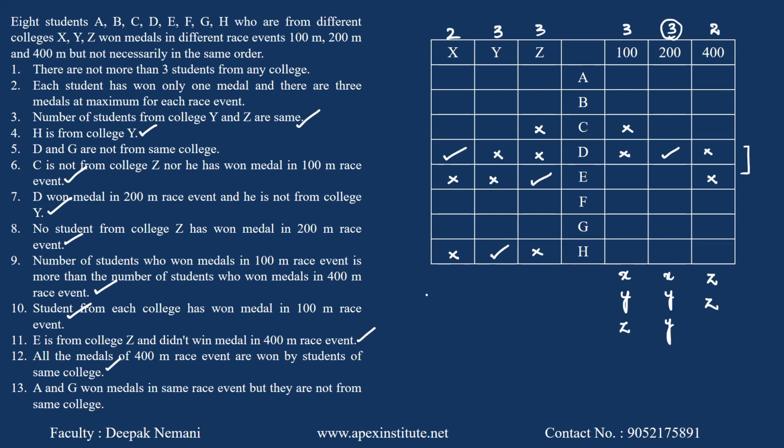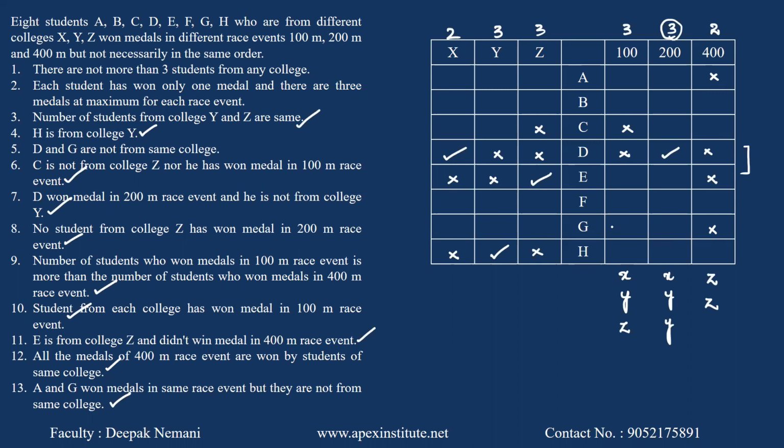So I can say that A did not win a medal in the 400 meters race and G did not win a medal in the 400 meters race, because the persons who have won medals in the 400 meters race should be from the same college, isn't it?